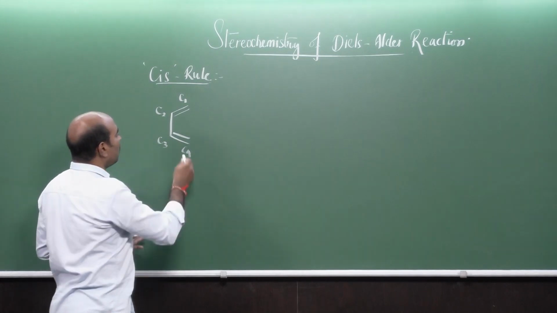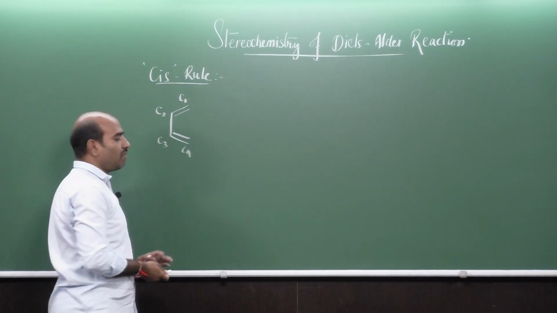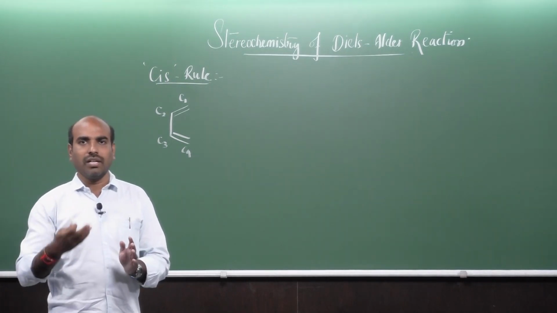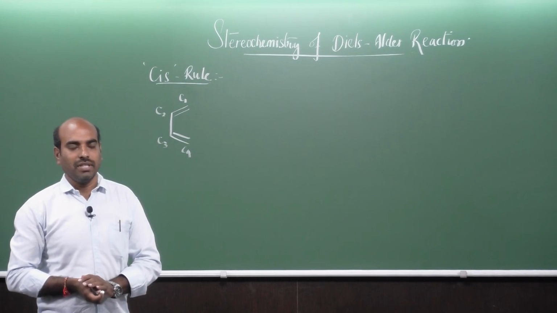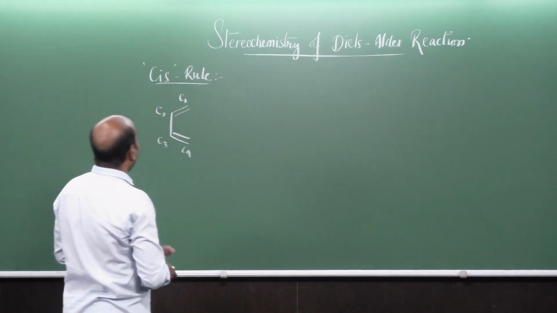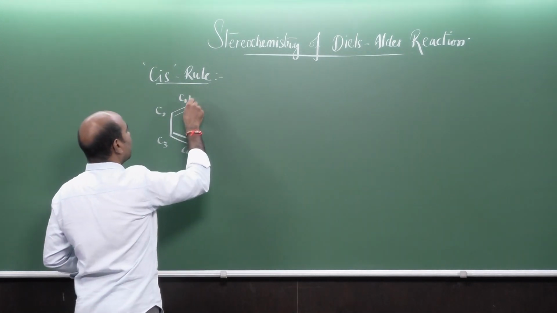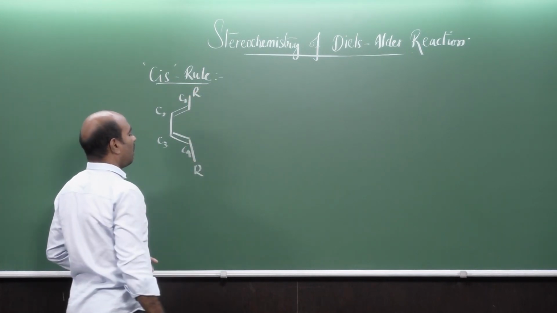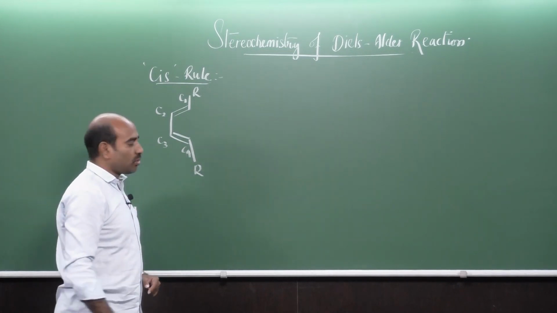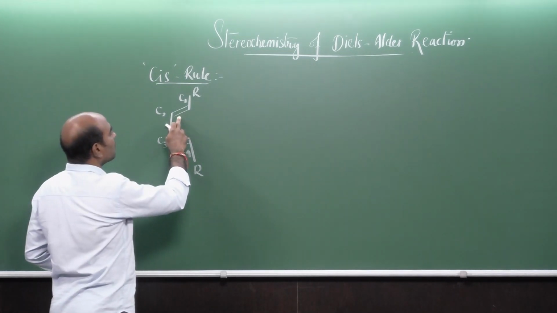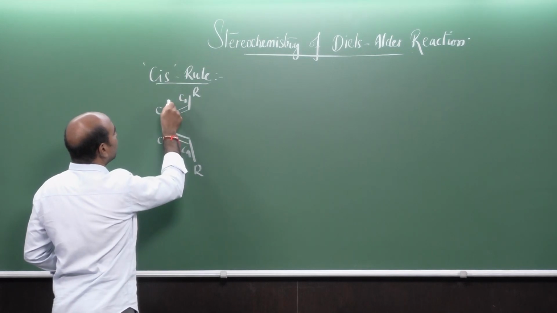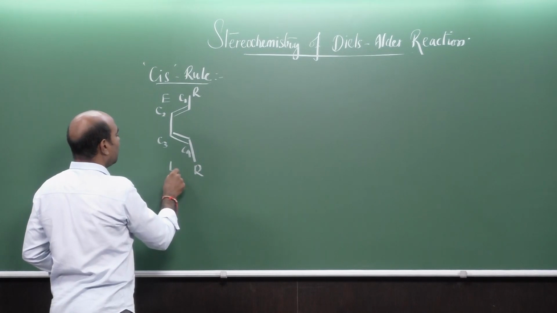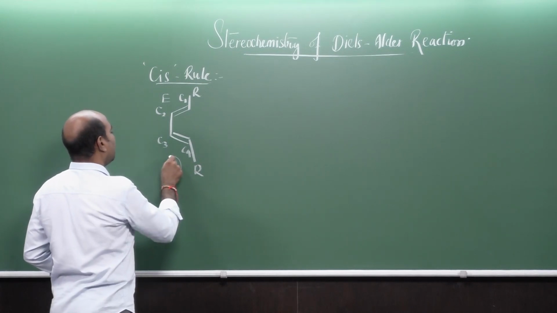Now, as there are no substituents at the C1 and C4 carbon atoms, it is not required to worry about the stereochemistry of the cyclic adduct, right? But if you have a substituent, let us say an R group, and those R groups are aligned like this, what does it say? At the first double bond it is trans in nature, that is E, and at the second double bond also it is trans.